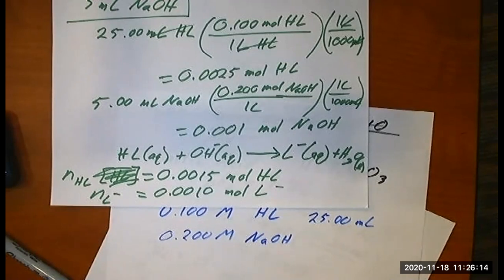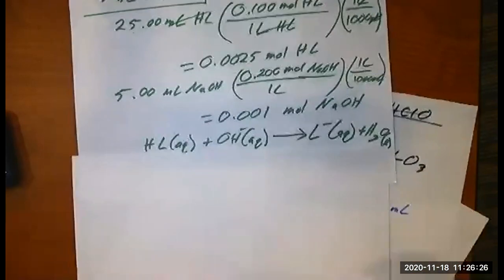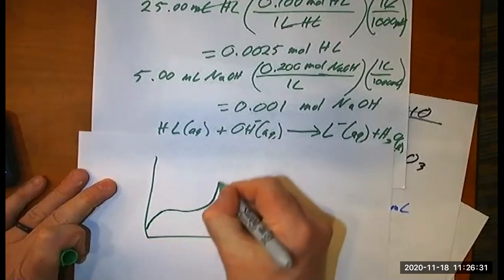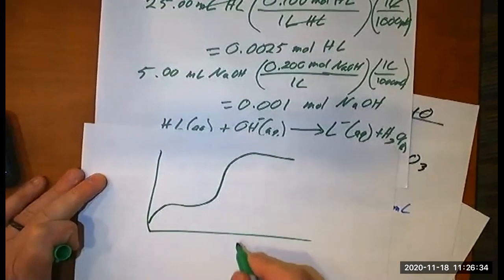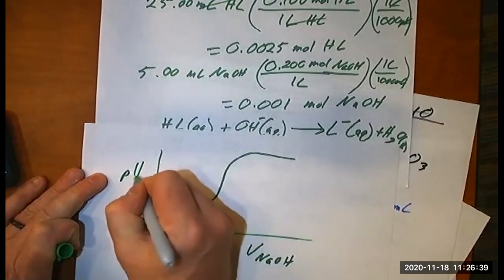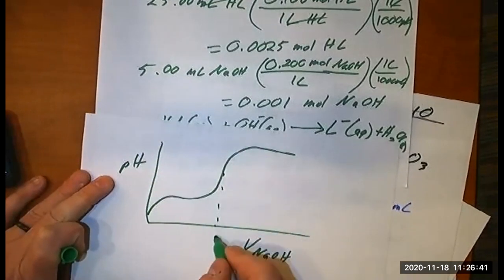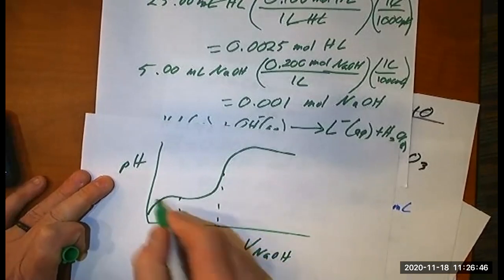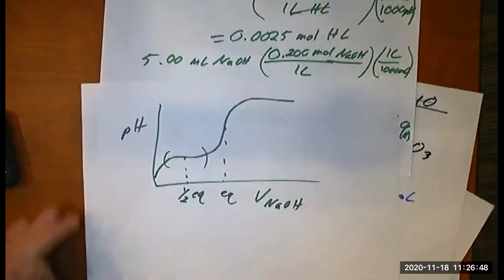The other possibility would be doing the titration the other way around. If you have, say, a weak base and you are adding a strong acid to it, so that instead of going from low pH to high pH as you add your volume of NaOH, you've got the equivalence point, the half equivalence point, your buffer region, and so on.